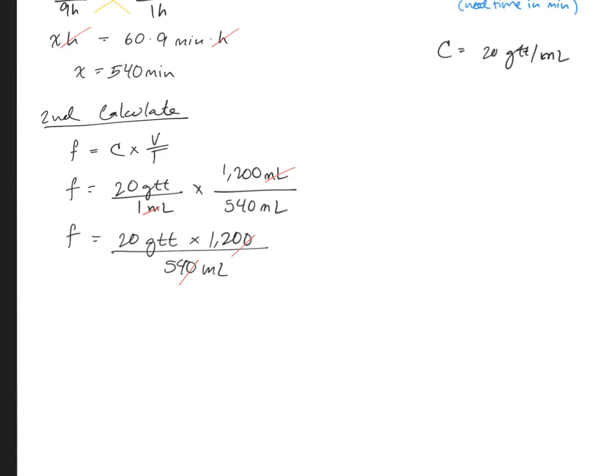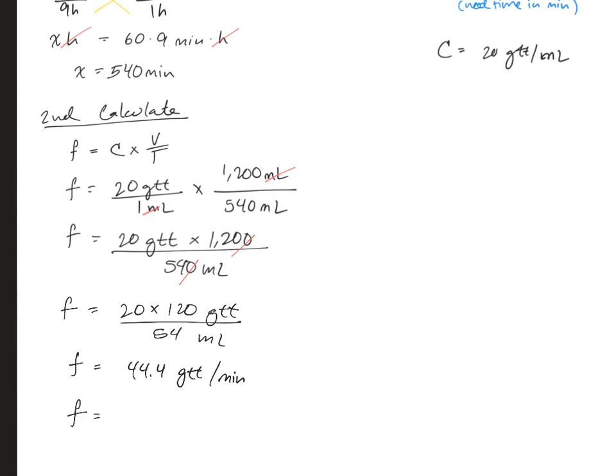And then we can calculate that out. So that is 20 times 120 all over 54. Plugging that into your calculator, you get 44.4 GTT per minute. And we need to round to the nearest whole number. So that's going to be F equals 44 GTT per minute, which is the adjusted flow rate.